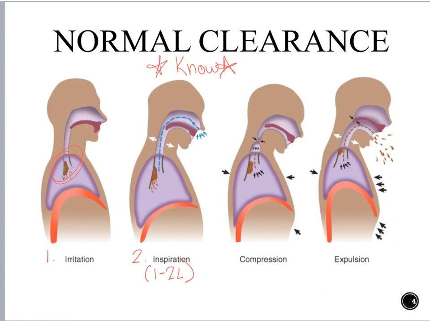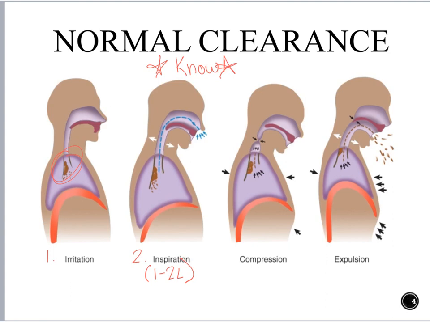This is the gas that's used to force out mucus or the foreign body. Big breath in, a deeper breath because we want to push whatever is making us cough out. That is why cough is one of the most important protective reflexes of the body.